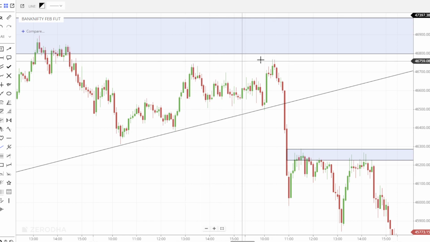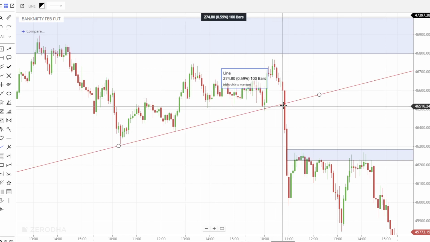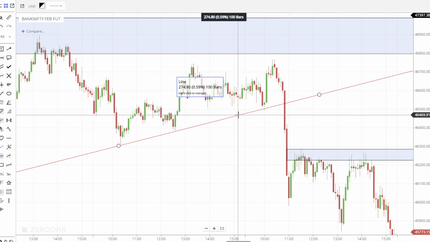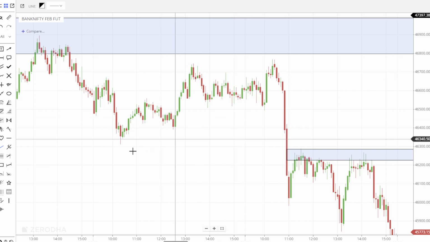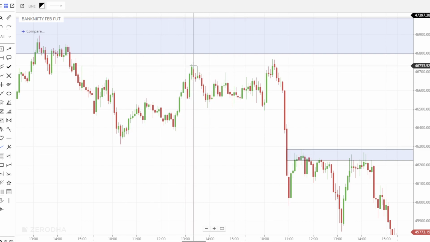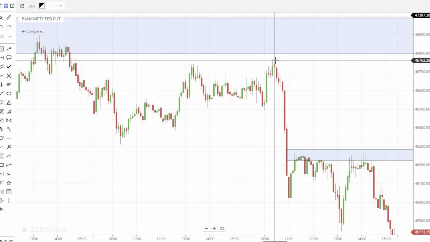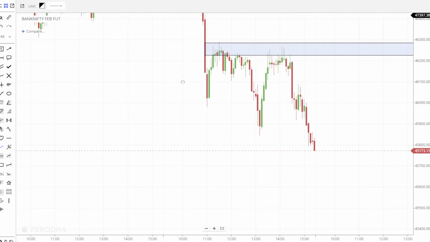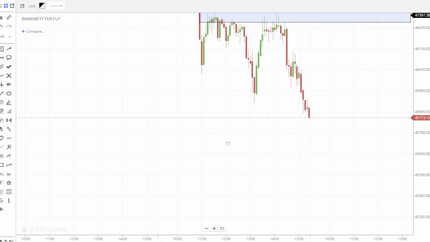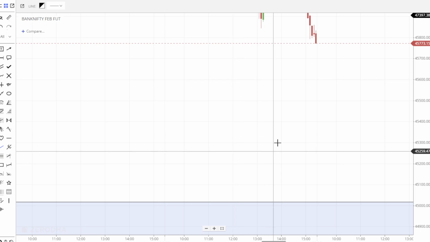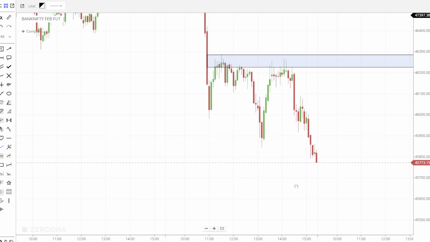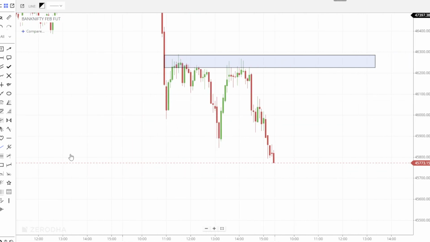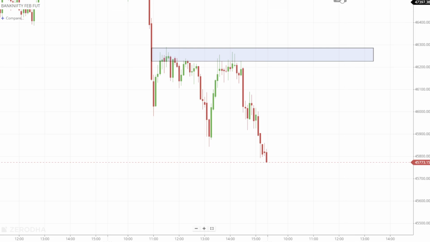Once it didn't make a higher high, it has more chance to break this trend line and go down. So exactly it happened. After taking support from the trend line, it failed to make a higher high for the day, and it breaks the trend line and moves comfortably to the 46,000 zone. Another 1000 points it will reach the support part, but before that we have one more pattern for tomorrow.